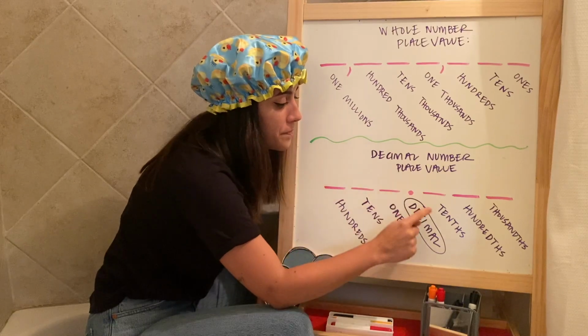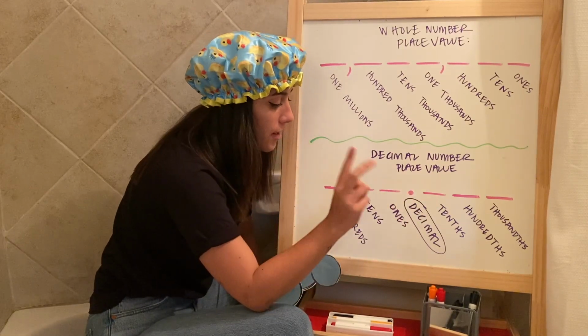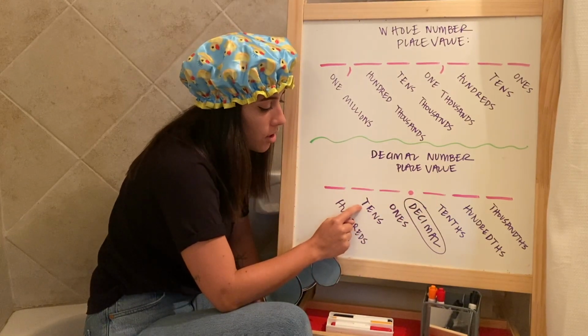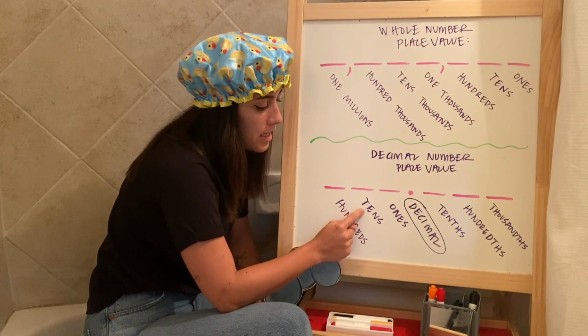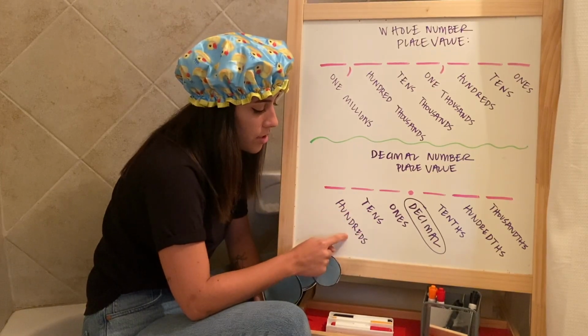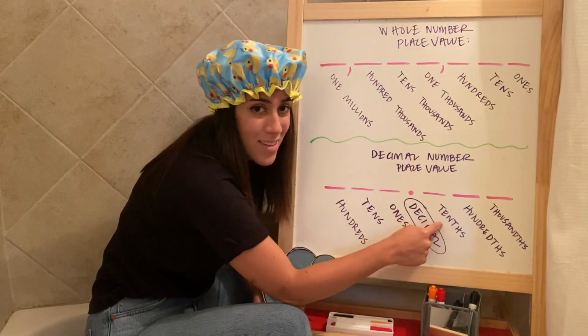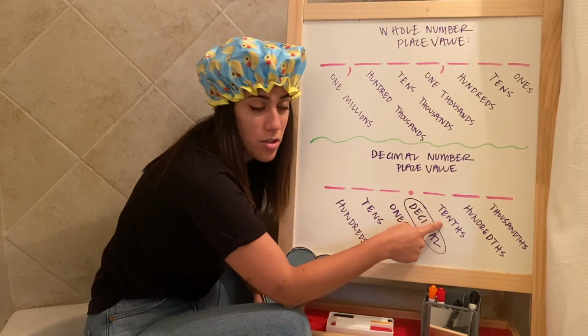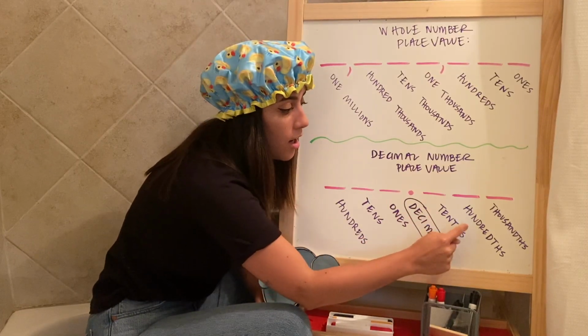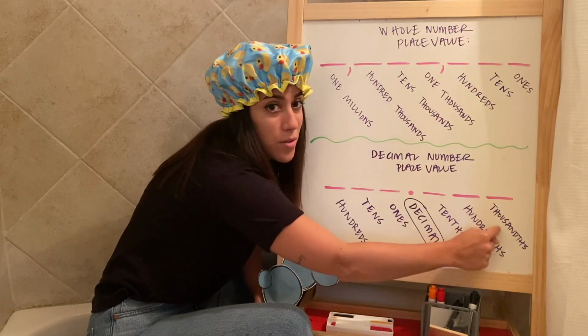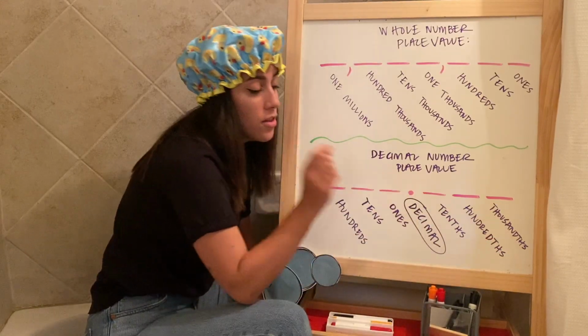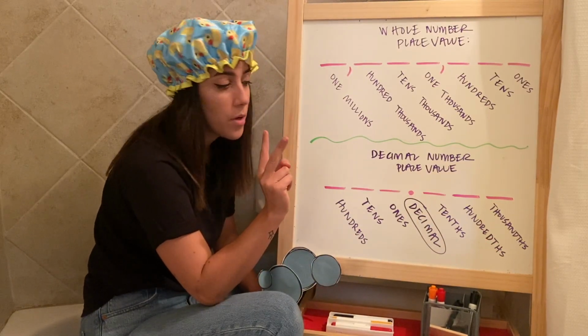Make note of that. A second thing that's different is that on this side it's called tens, T-E-N-S, hundreds. On this side, they're adding a T-H: tenths, hundredths, thousandths. Those are the two simple things I want you to notice.